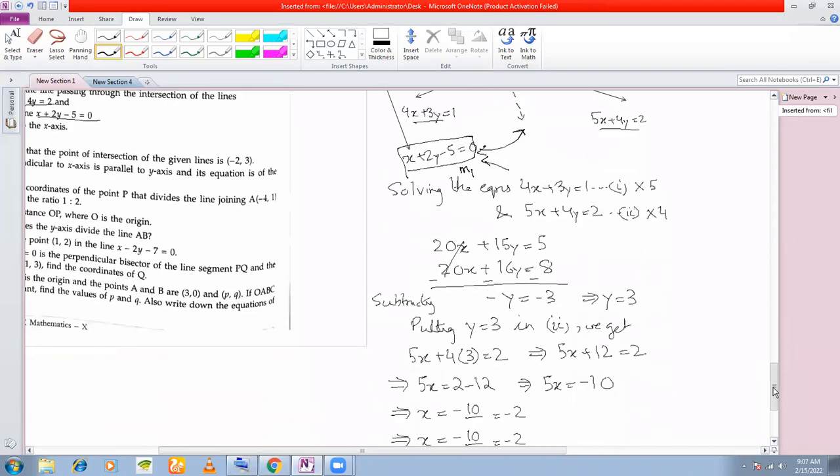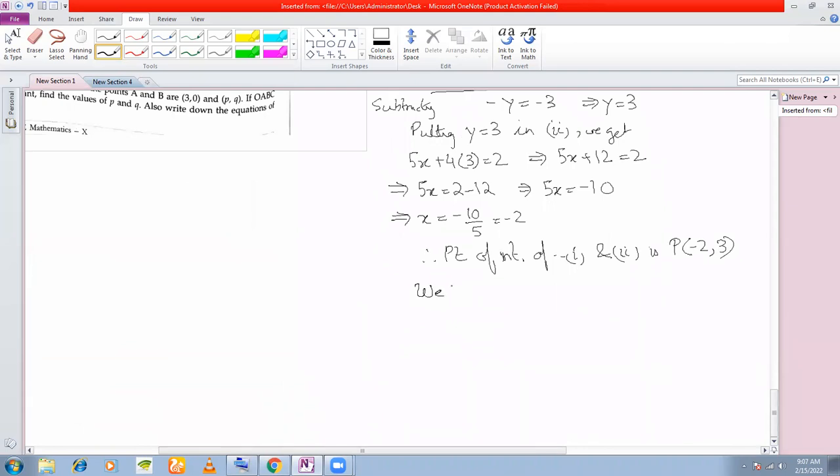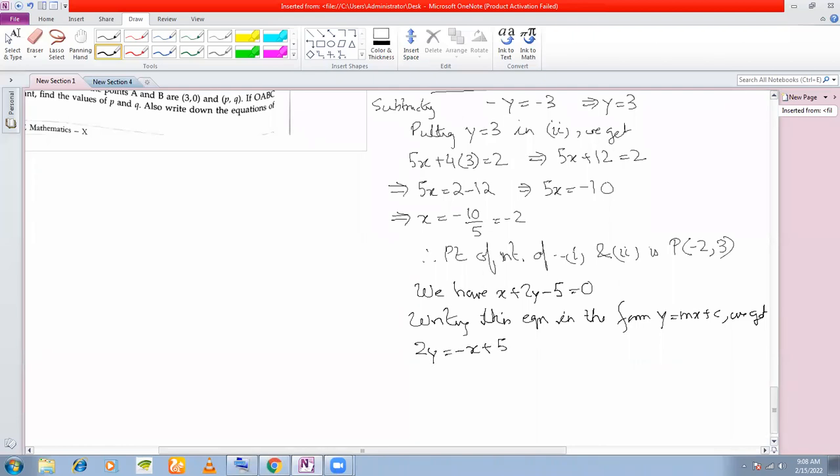We have x plus 2y minus 5 is equal to 0, so 2y is equal to minus x plus 5.